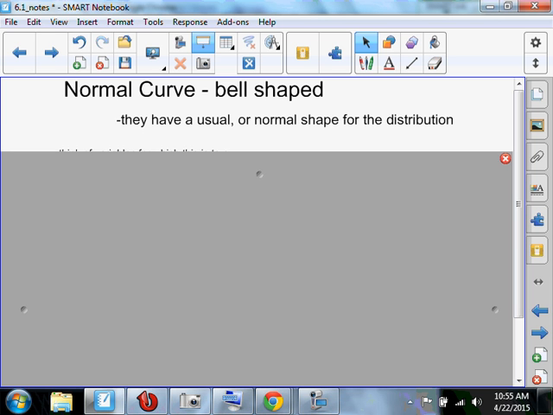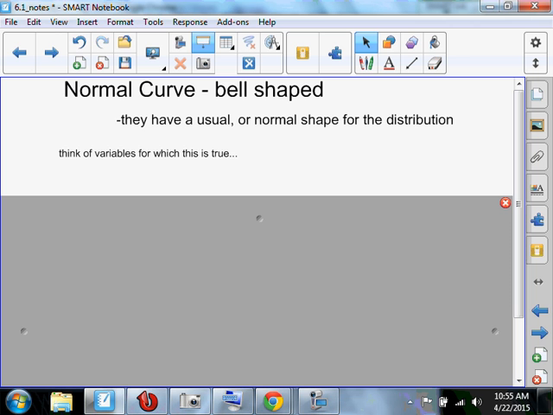Maybe we're going to have to explore this a little bit further. Let's see if we could think of some variables where in the universe, in the world, in a population, things fall into a certain type of distribution. In other words, if we were to make a frequency distribution, the graph of it is going to look something like this, where there's not a whole lot of deviation from that shape.